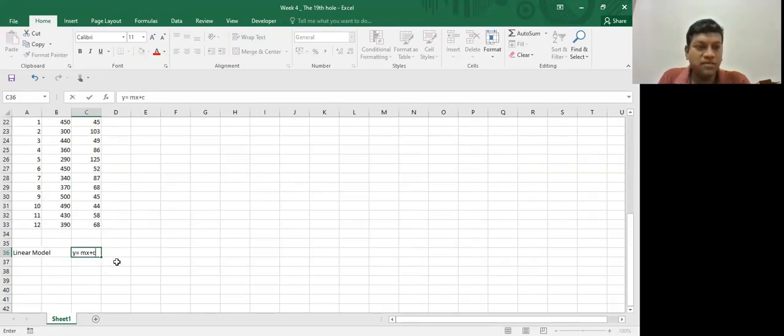Here, m is the slope. So let me put the slope here.